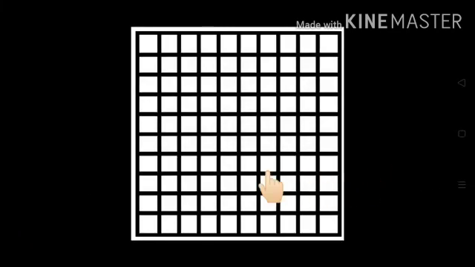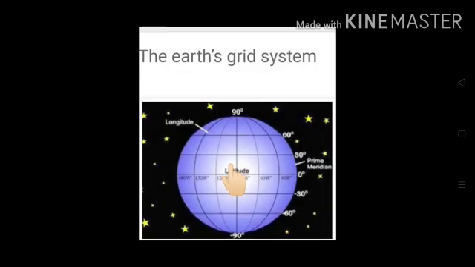Now children, today we will read about grid system. Now what is grid system? See these lines children. Crisscross of horizontal and vertical lines are called grid. Okay. Now children, we know about latitudes and longitudes.